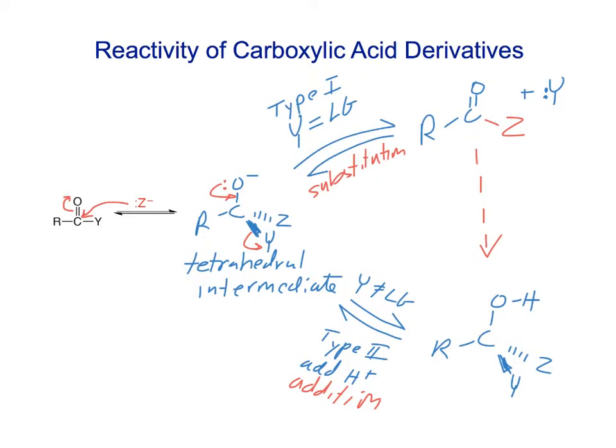So this was a slide that we had some chapters ago when we were first introducing the reactions of carbonyl functional groups. What we looked at here was that this Y group is what really determines what functional group we have, depending upon whether that group can serve as a leaving group or not. It controls whether the functional group can do either substitution reactions or only addition reactions.